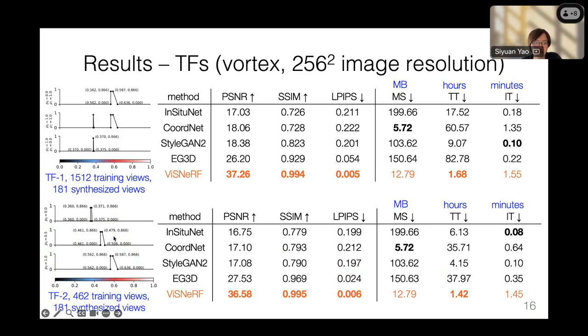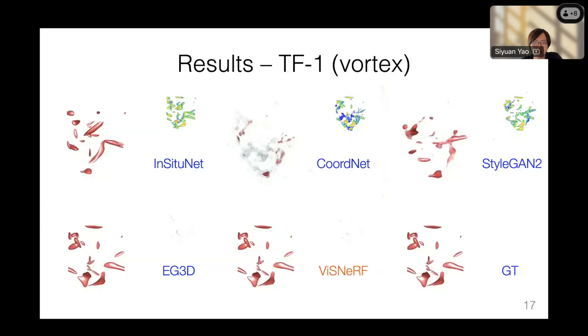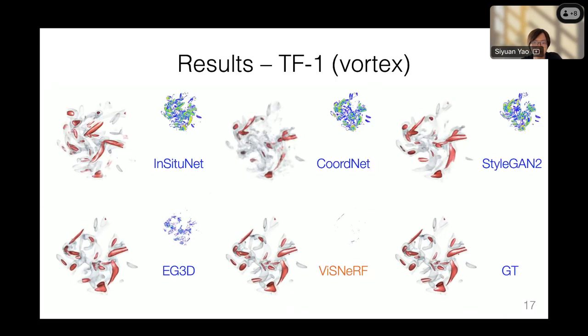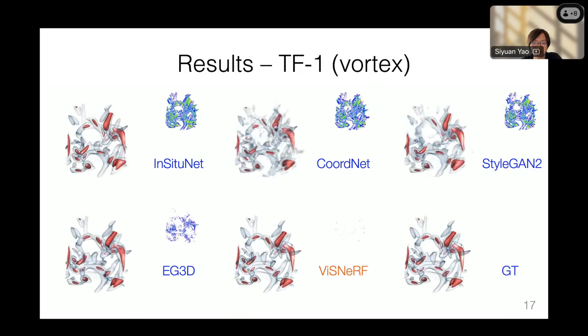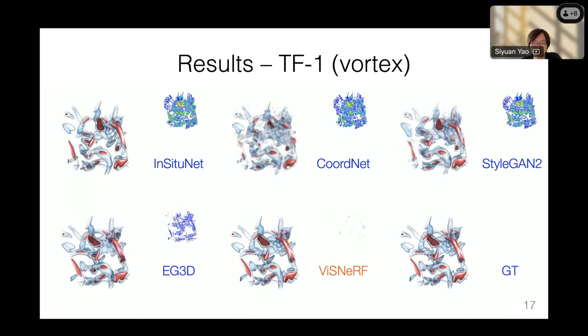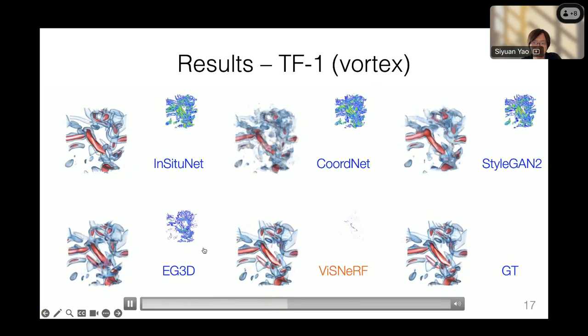So the images would appear as changing both the visible area and also the color. As you can see in the first one, the opacity of two regions is changing. And for VisNerf, we observe very low error in this case.